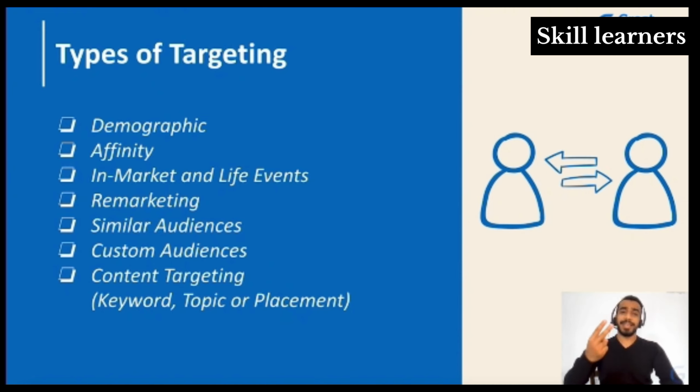The second is affinity targeting. There is a popular saying that there is only one person who knows you more than your mother, and that's Google. You would know because Google literally understands you in and out. Google knows what you're searching, what are the locations that you're going to through Google Maps.